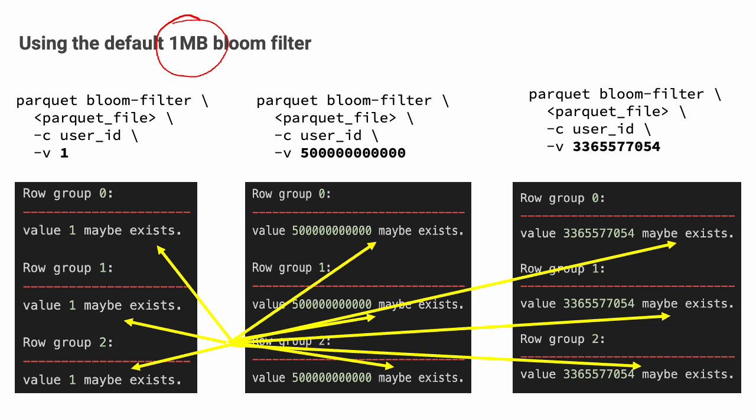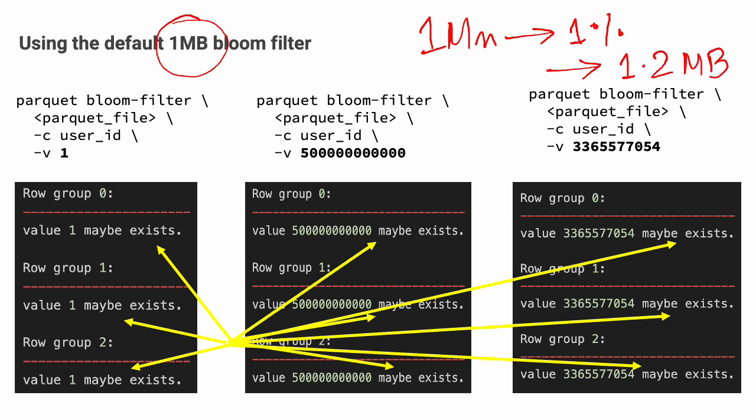One takeaway is, if you have 1 million unique values and you would tolerate 1% of false positives, then you should have a bloom filter of size approximately 1.2 megabytes. Now in our situation, we have close to 100 million unique values for the user ID, and as we have seen before, our row groups were having 22.7 million unique user IDs.